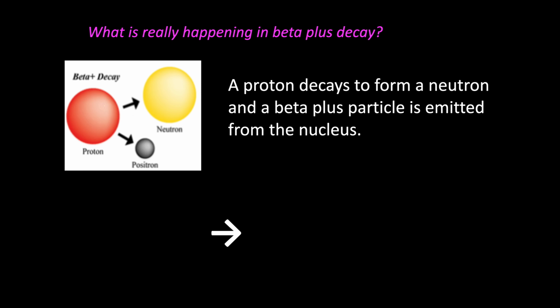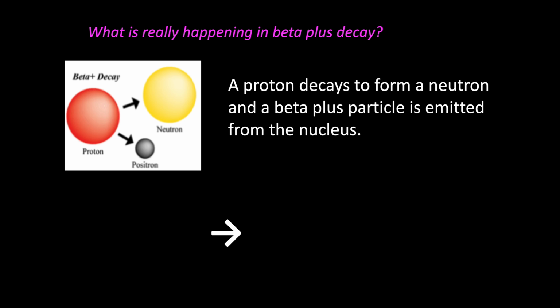But what really happens during beta plus decay? It's similar to beta minus decay, but slightly different. In this case, a proton decays to form a neutron and a positron, also known as a beta plus particle. We don't need to learn the finer details about this, but we just need to know the basic equation.